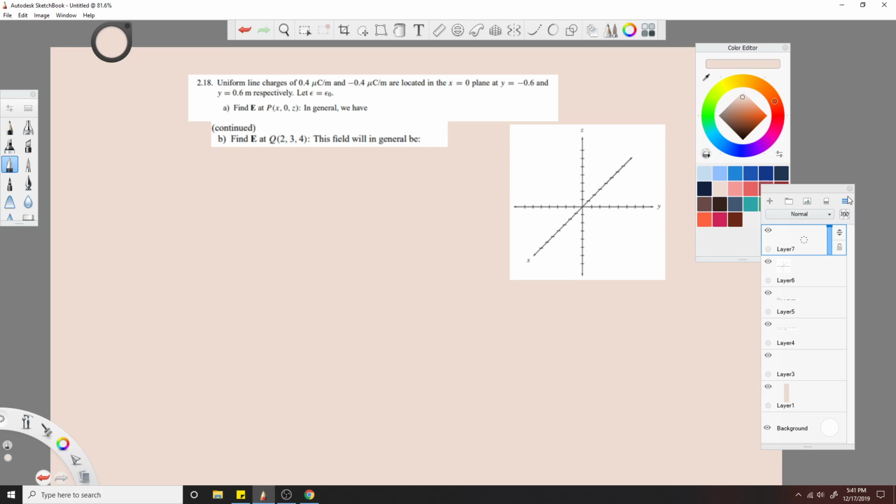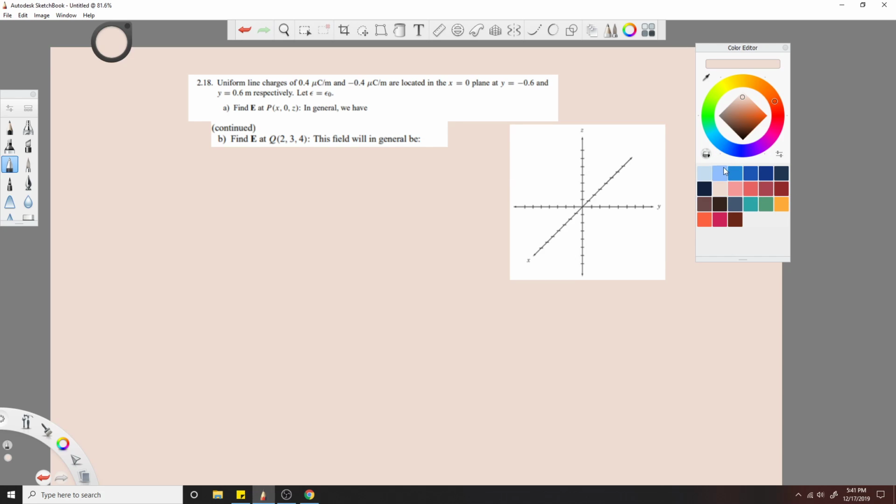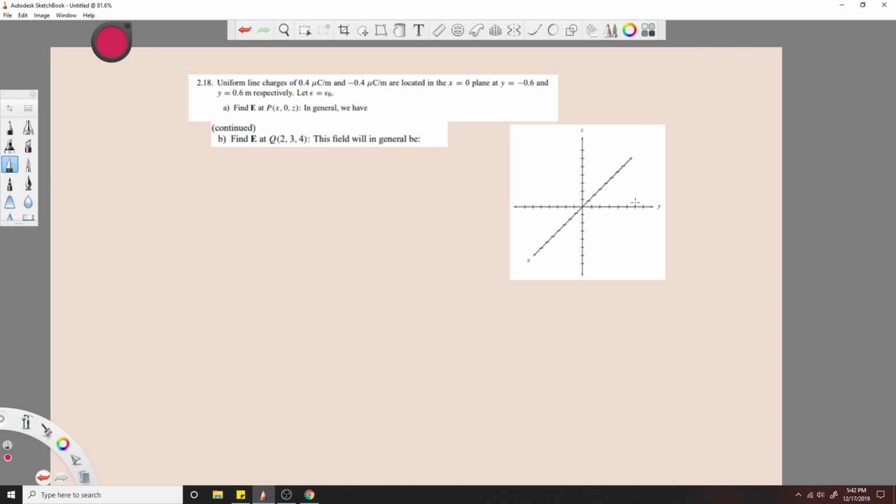Alright, so we have some line charges, and they look something like this. Bang. And bang. This is not to scale.